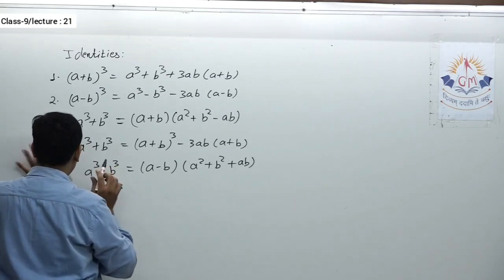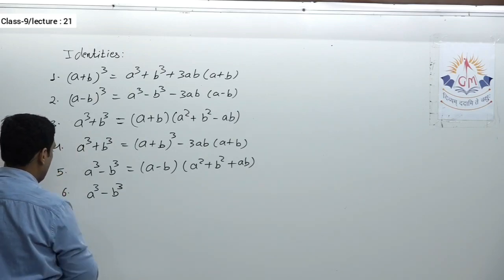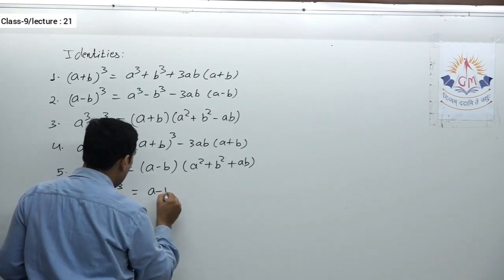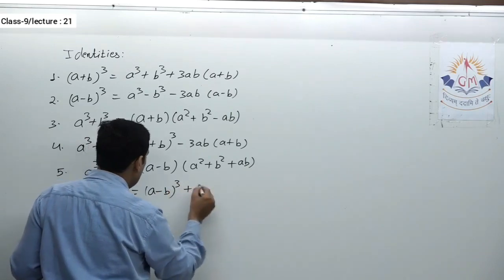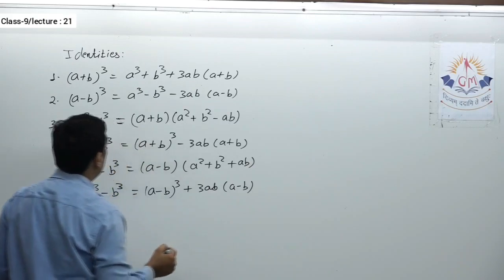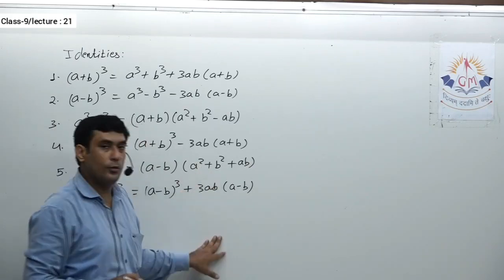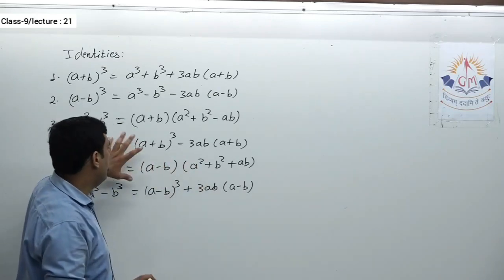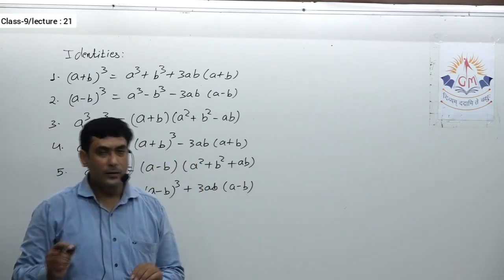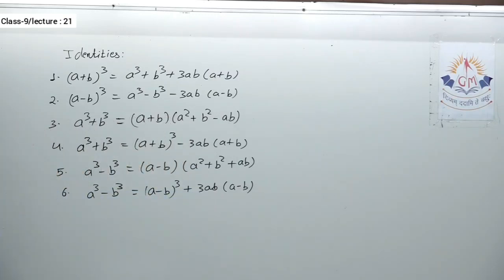So it's better to name them differently, 4, 5 and 6, that is (a minus b) whole cube plus 3ab (a minus b). So first of all note it down, then I will explain how you can mug it up easily. But first of all note it down.